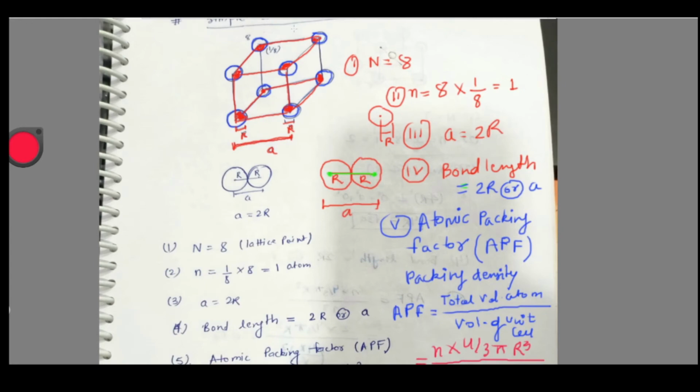Suppose for this atom, the neighbor atoms are 6, 3 downside, 3 upside.